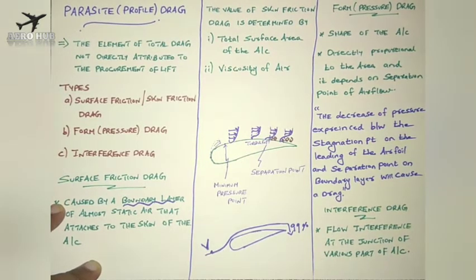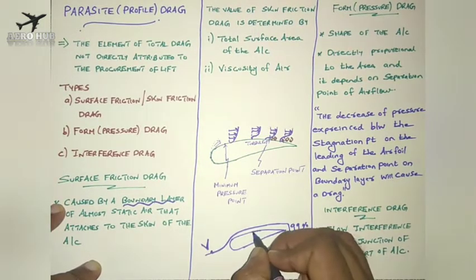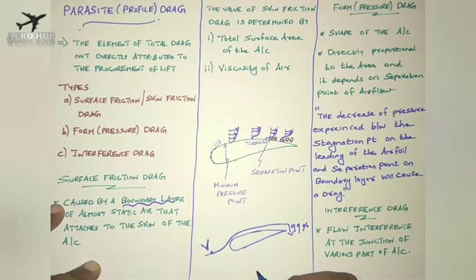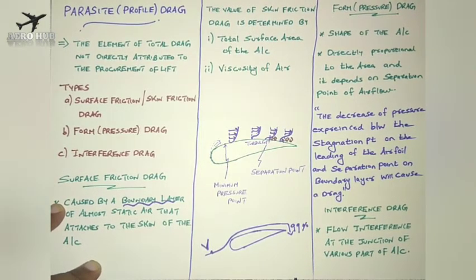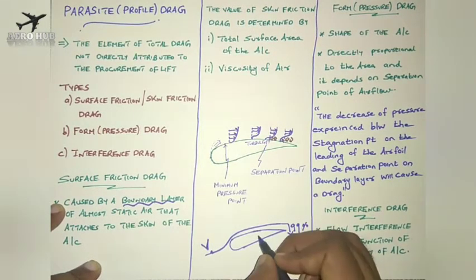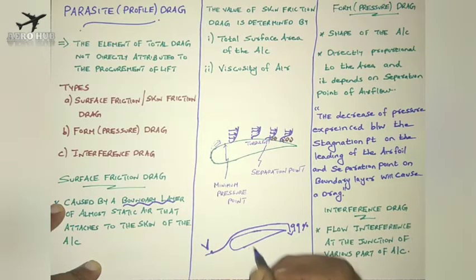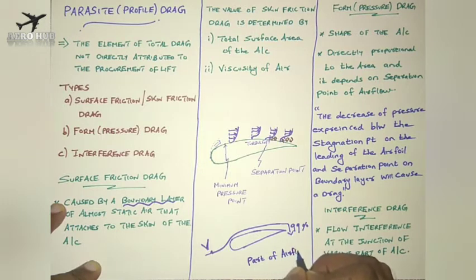Okay, that is called free stream velocity. At the surface of the airfoil or aircraft structure or anything, there will be a part of airflow. Boundary layer is nothing but a part of airflow in which velocity is less than 99% of the free stream velocity.